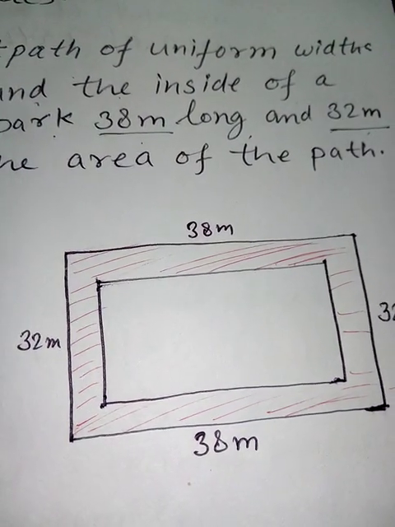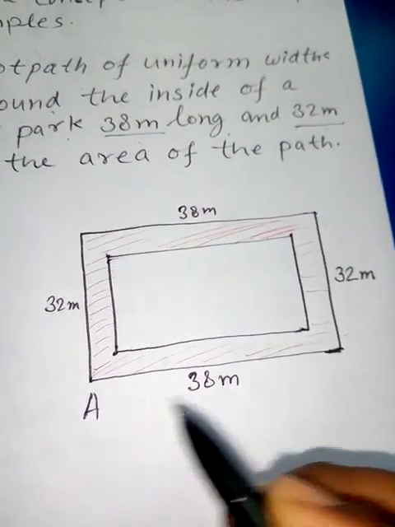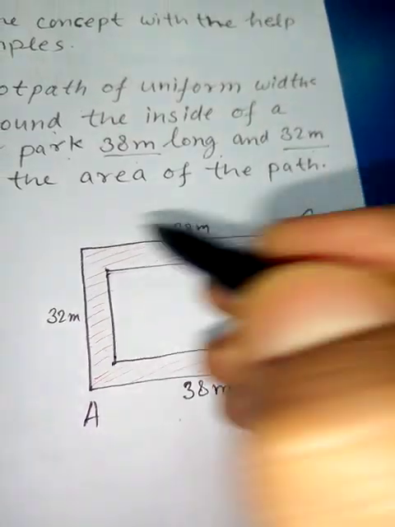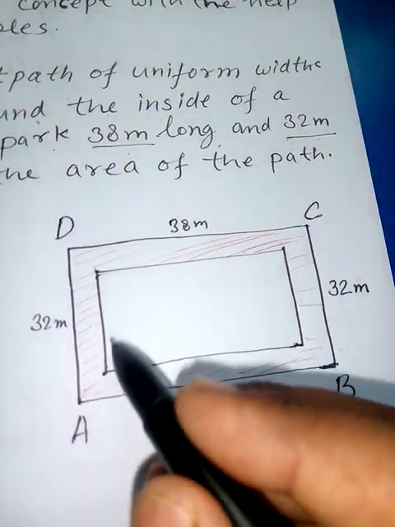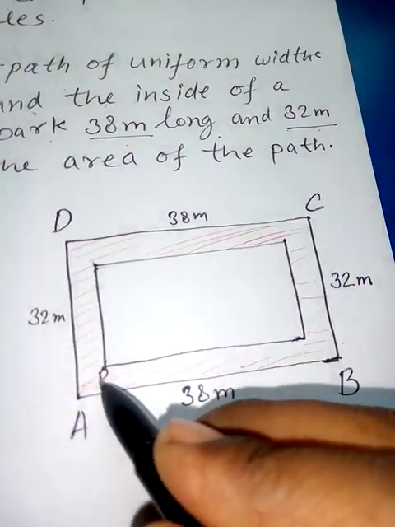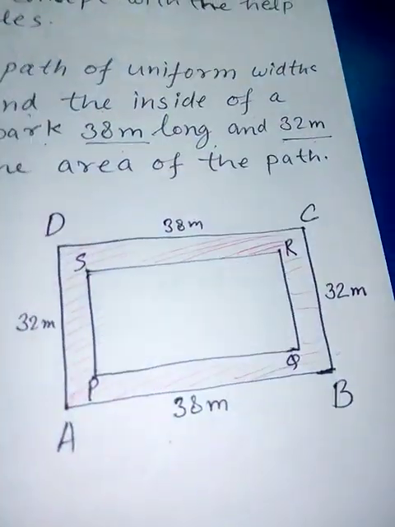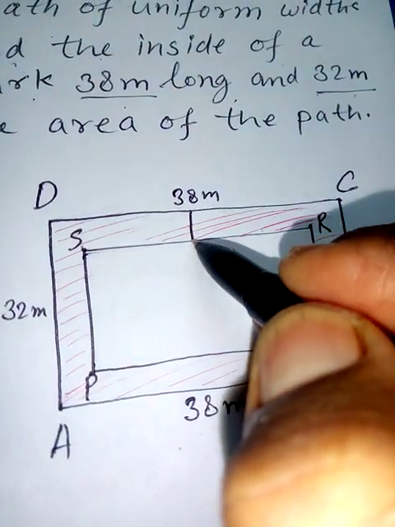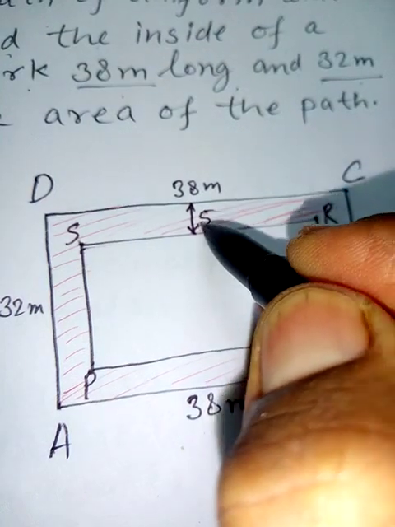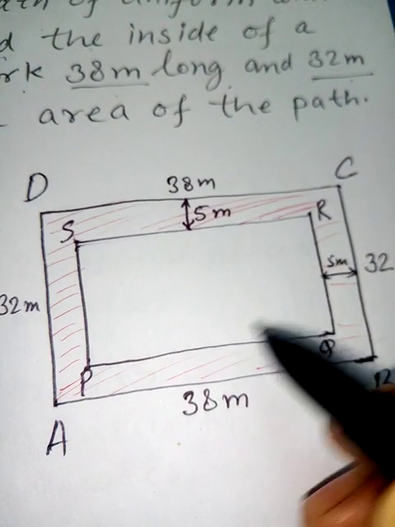So first of all we write the names A, B, C, D, here P, Q, R, S, and it is given that everywhere the width of the path is 5 meter.